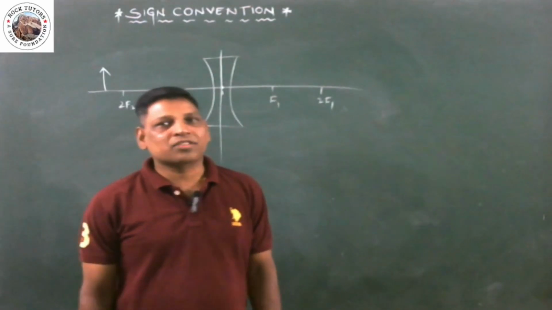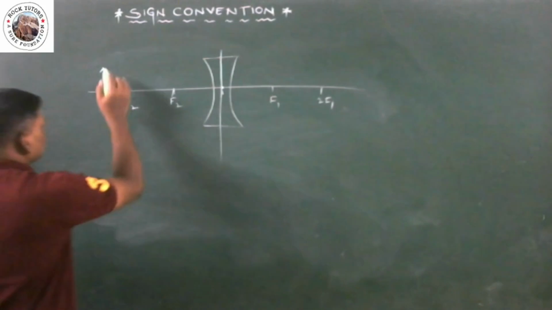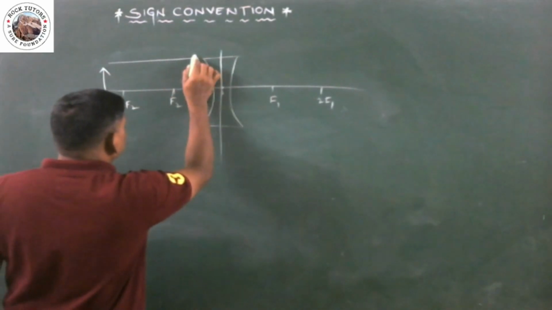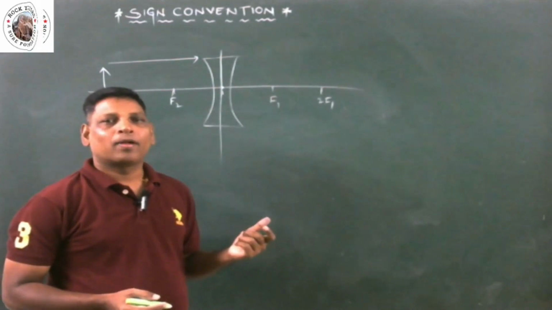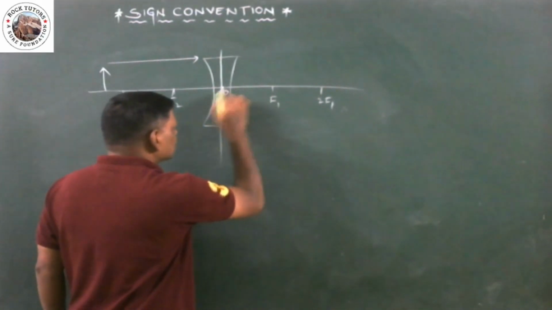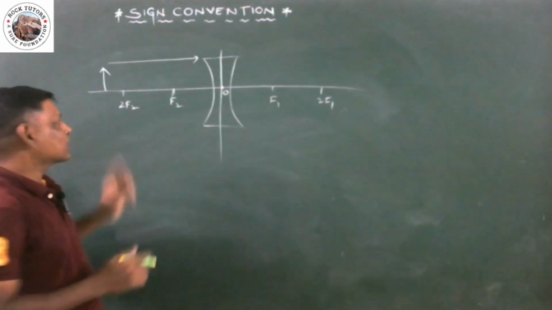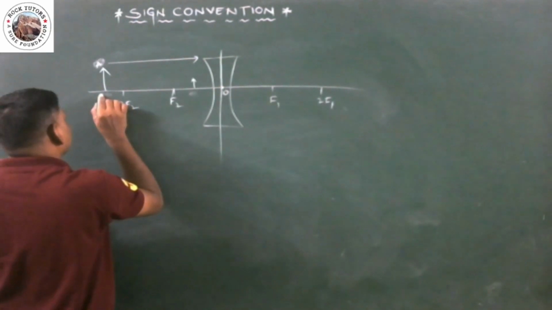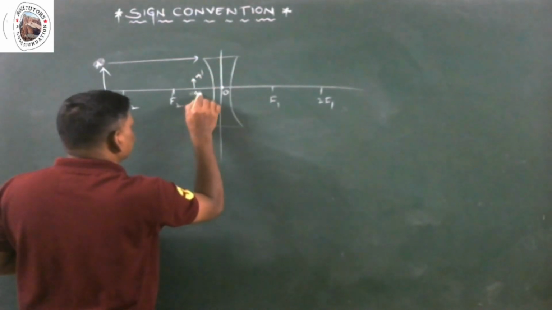For the concave lens also, let's see. This is the incident ray. We want to measure the object distance. You know that this is the optic center. You have to start from the optic center to the object. This is the object AB, image A1B1.